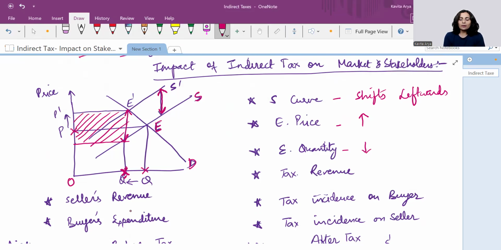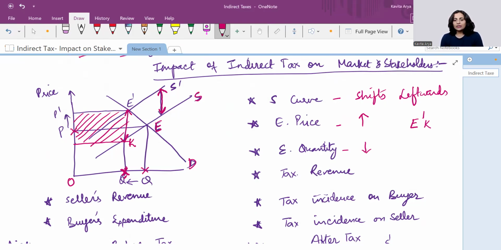Because the area of a rectangle is length into breadth. The length is the quantity OQ dash, and the breadth is E dash K, because that is the tax per unit, this vertical distance.